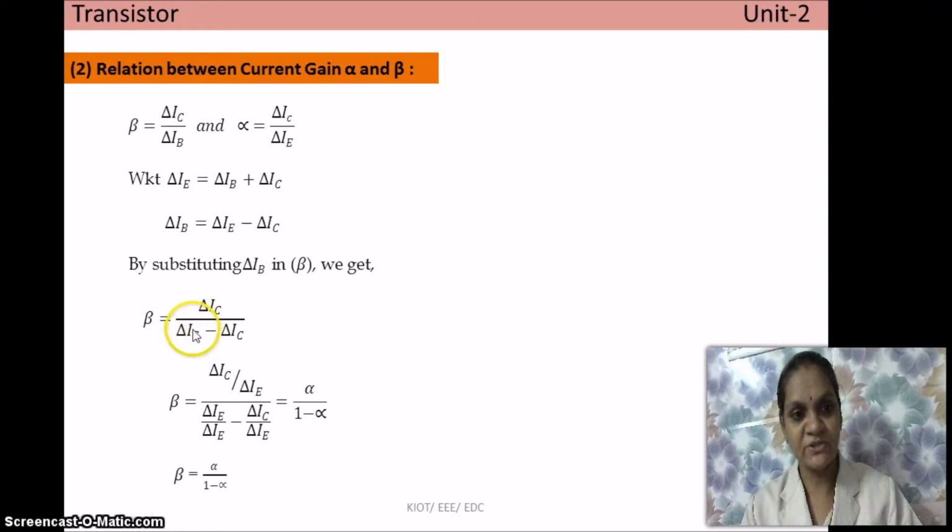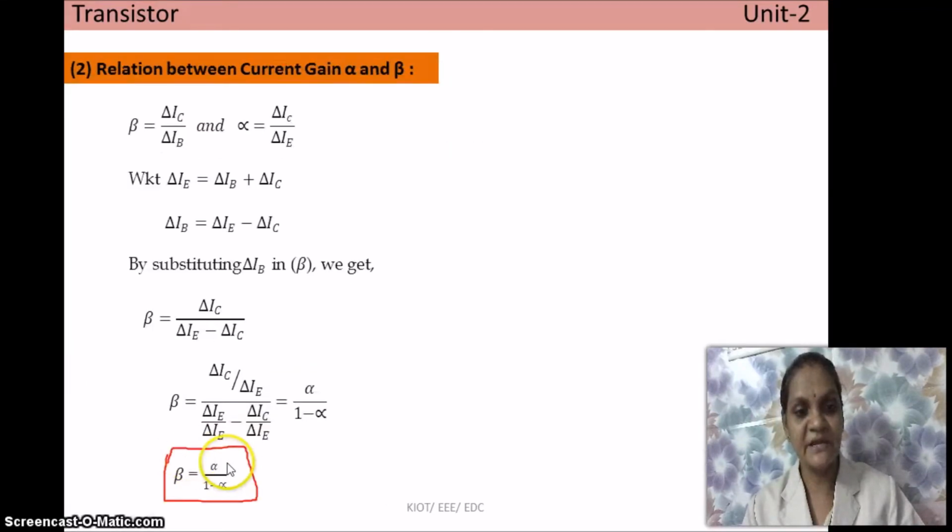So the denominator becomes del IE times 1 minus del IC by del IE, and this del IE goes to the numerator, so del IC by del IE. You know del IC by del IE is nothing but alpha. So I can write alpha divided by 1 minus alpha. So beta is equal to alpha by 1 minus alpha. This is the relation between the current gains in common base and common emitter configuration.